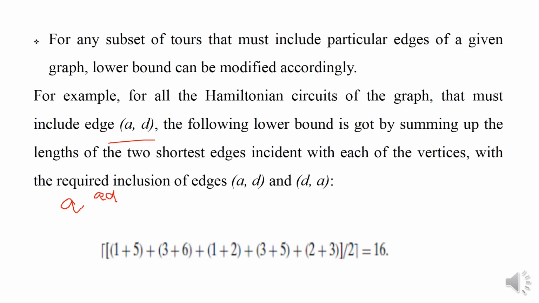The other edge could be the minimum one. And also for the vertex D, out of the two edges that we select with the minimum weight, one has to be the edge DA.